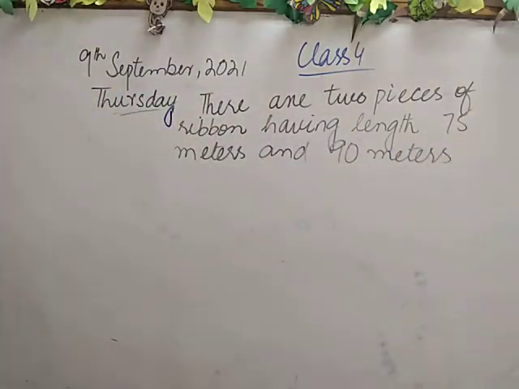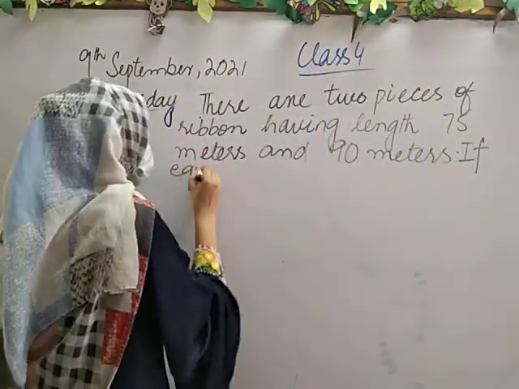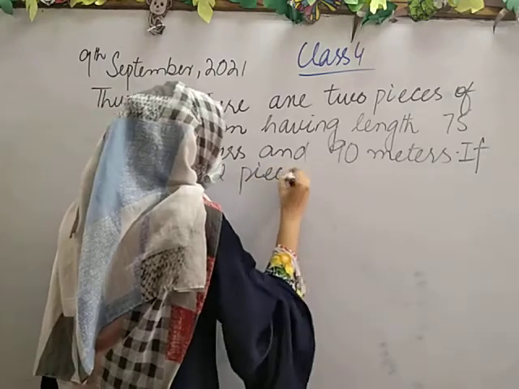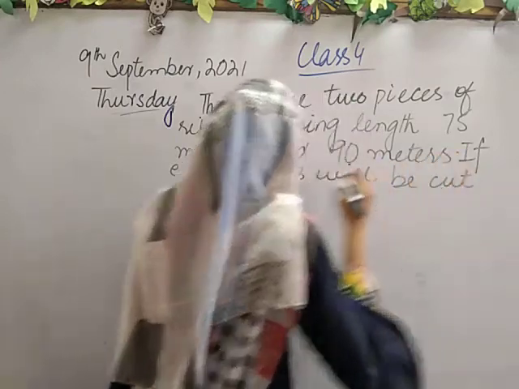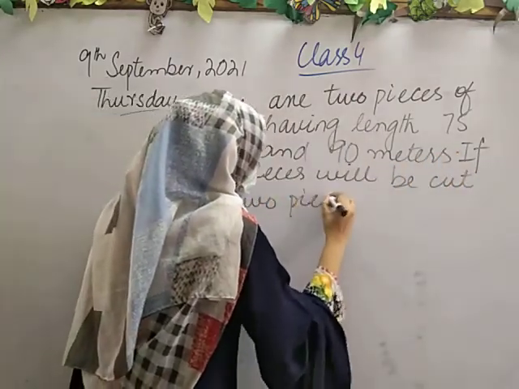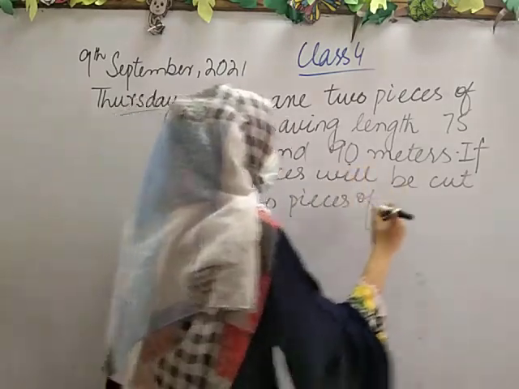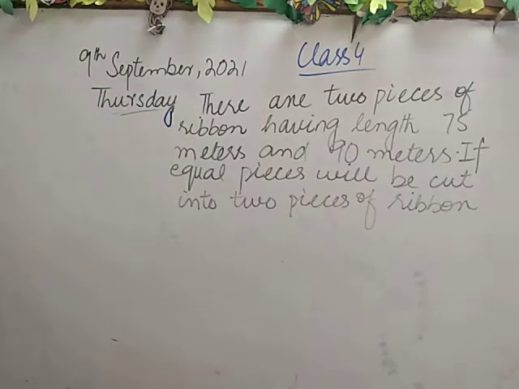Okay? Now, if equal pieces are cut from the two pieces of ribbon, what will be the maximum length of each piece?